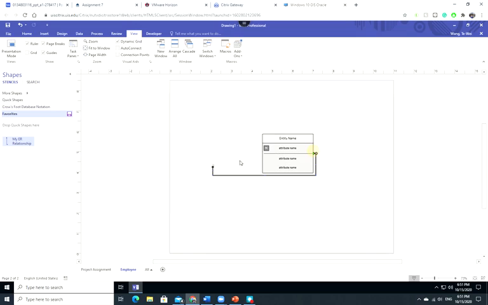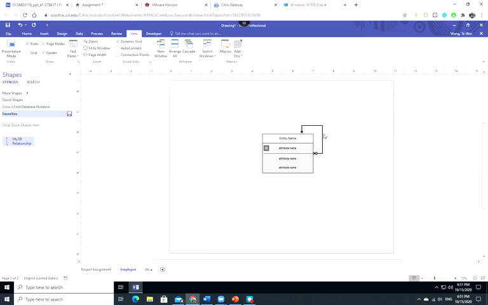And this case will be a unary relationship. This will be a relationship similar to this. Okay, this is better. Okay, so that will be a relationship.